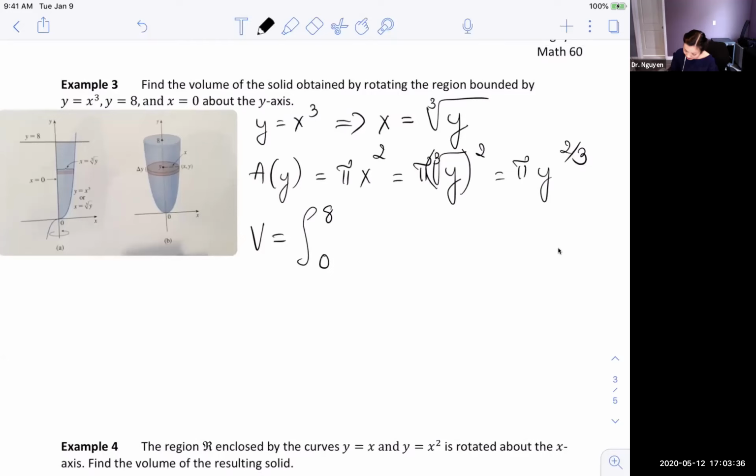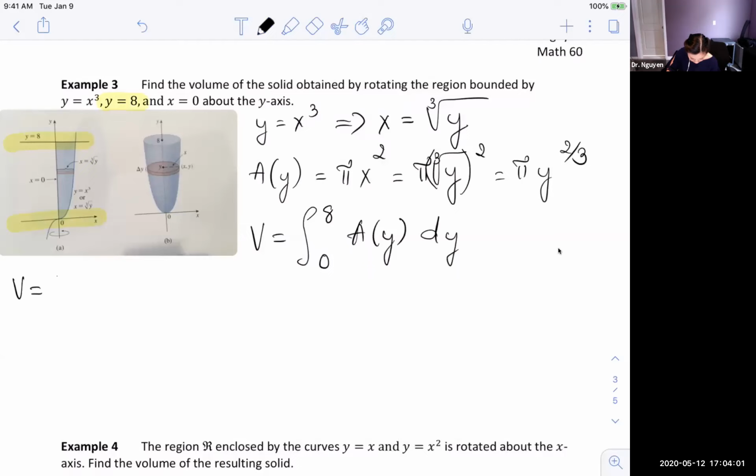How do I know it's 8? It's because of this. It's bounded from 0 to 8. So that's why. Okay, so we have A(y) dy. Now I just have to plug it in.